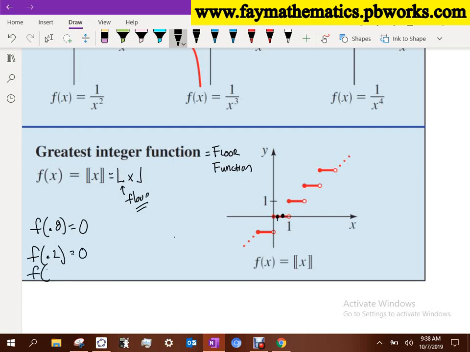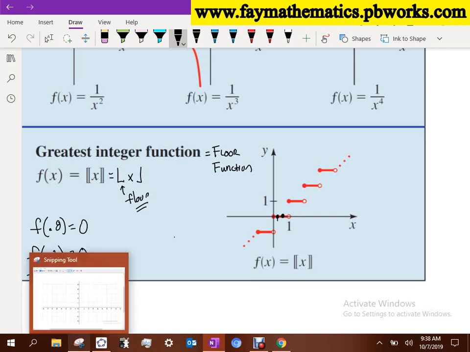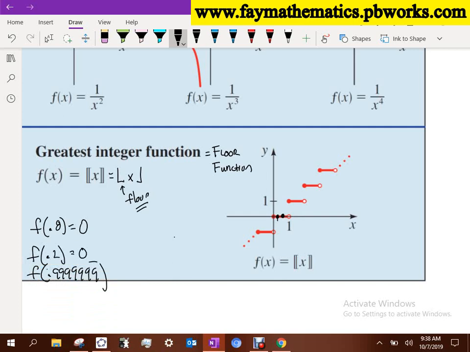If I go f of 0.99999, as many 9s as I can put on there, what's the last integer that I passed through when I'm at 0.99999? The previous integer would have been 0. See how we got an open dot there? Really close to 1, right?